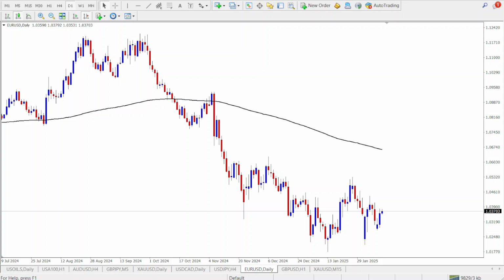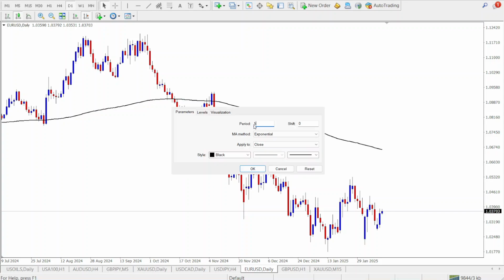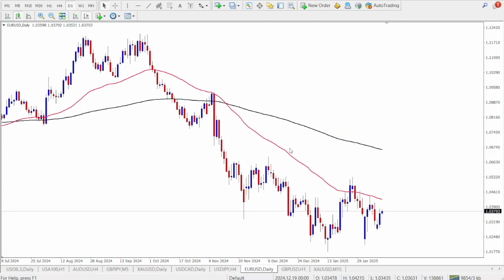Now, the most commonly used moving averages are the 50 EMA and the 200 EMA. This is the 200 EMA. Then let me just add the 50 EMA to the chart. So this is the 50 EMA. These are the two most commonly used moving averages for trend direction.